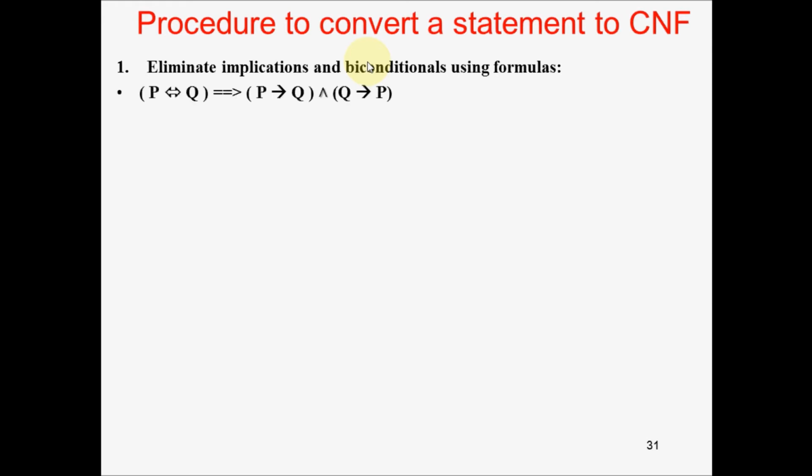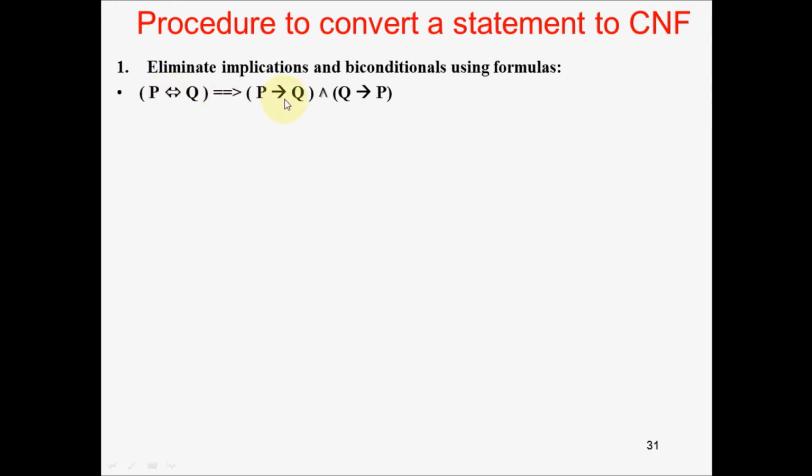This is the biconditional elimination formula. P bi-implies Q can be written as P implies Q and Q implies P, and this can be further written as not P or Q, and not Q or P. So you can make use of this formula wherever there is a biconditional. You need to eliminate it.